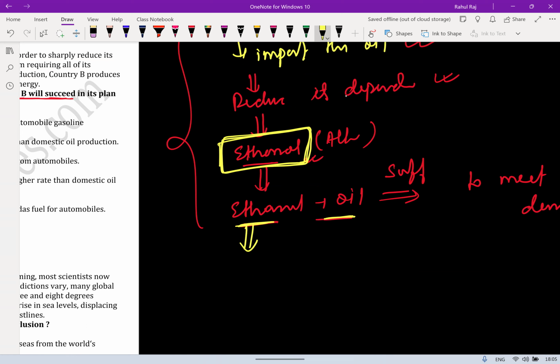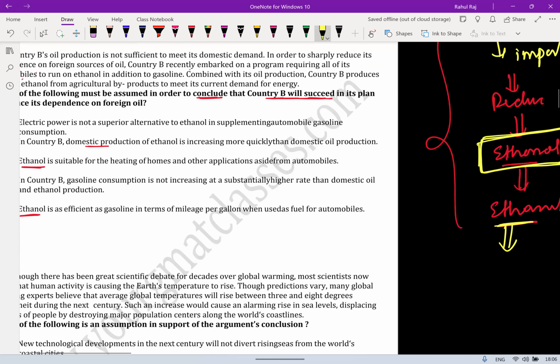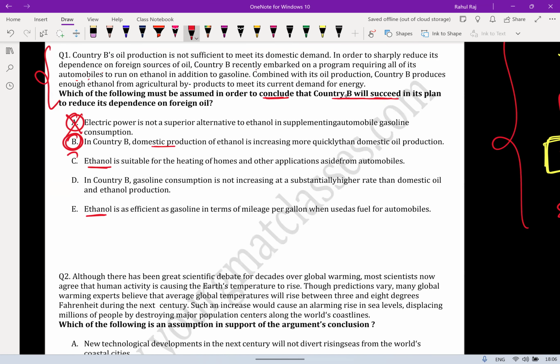What is the mileage, what is the sufficiency, is it good, is it bad, it is none of our business at all. Any answer that you are choosing about ethanol, you are bringing from your own knowledge. There is no discussion about whether ethanol is suitable for heating homes or not. How does it matter whether you will get good mileage through ethanol or not? These are things which have not been discussed in the argument.